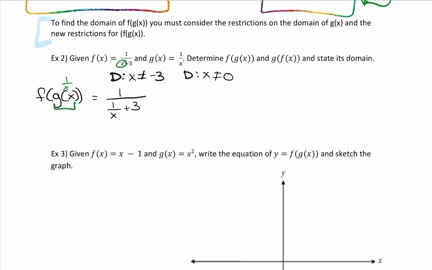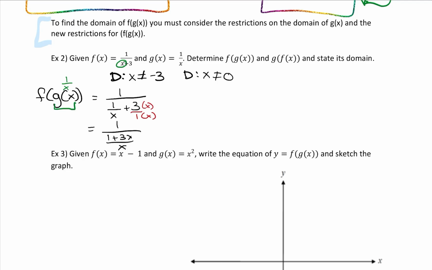Okay? Now, let's think of this as 3 over 1. Because this is not simplified, we would need to find a common denominator, which would be x. So this ends up equaling 1 over 1 plus 3x over x. Now this is a complex fraction, a fraction within a fraction.